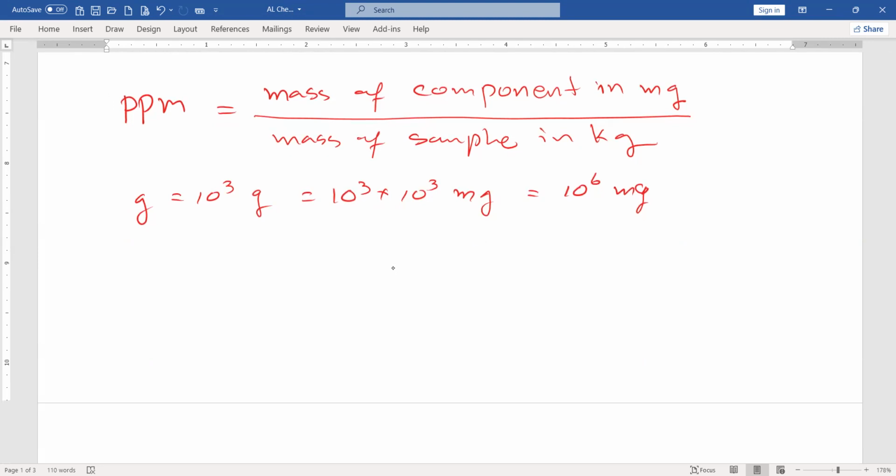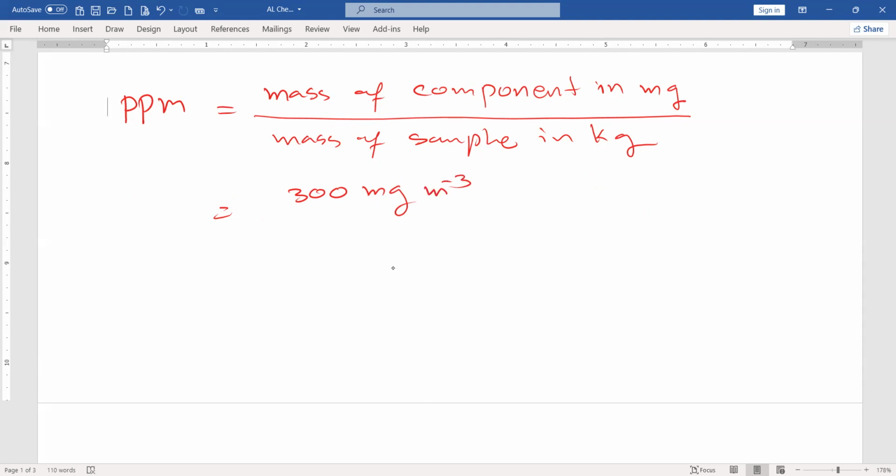We can easily substitute these values in this mathematical relationship. The mass of the component, that is the mass of HCN in the sample, the maximum possible amount in the sample, is 300 milligrams. As we consider 1 cubic meter, we can just put milligrams.